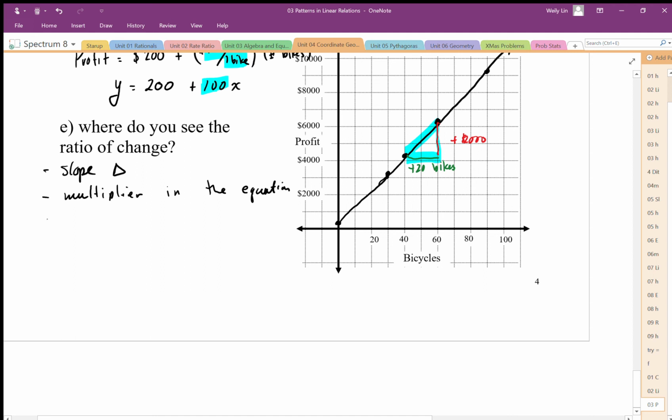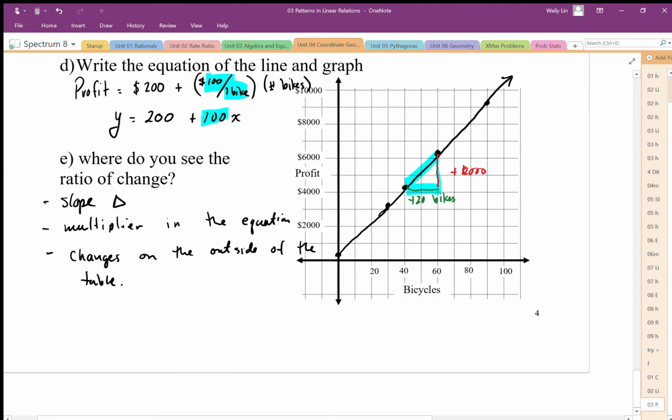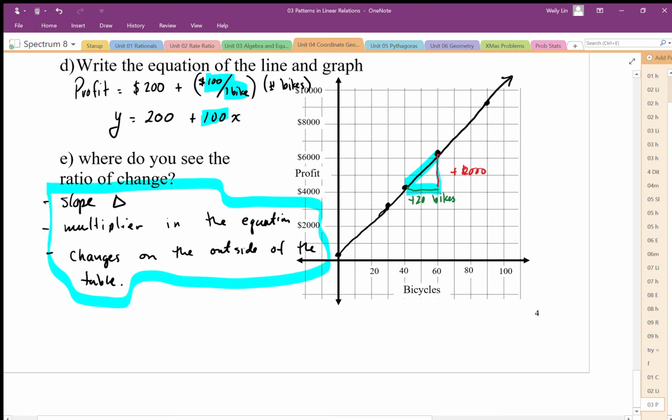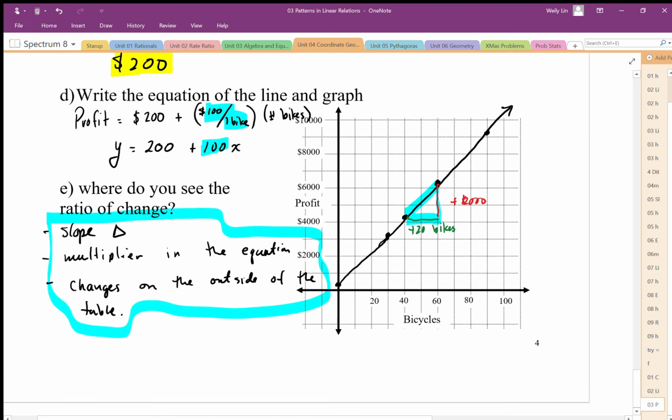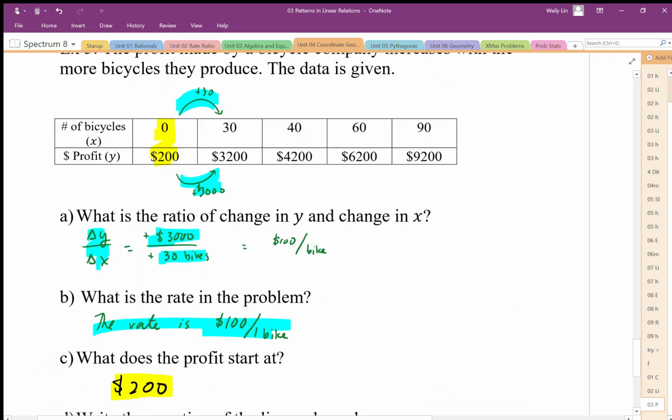It is also the changes on the outside of the table. So there we want to connect those ideas with each other. That goes with my ratio of change: the slope triangle, the multiplier, and the changes on the outside of the table.